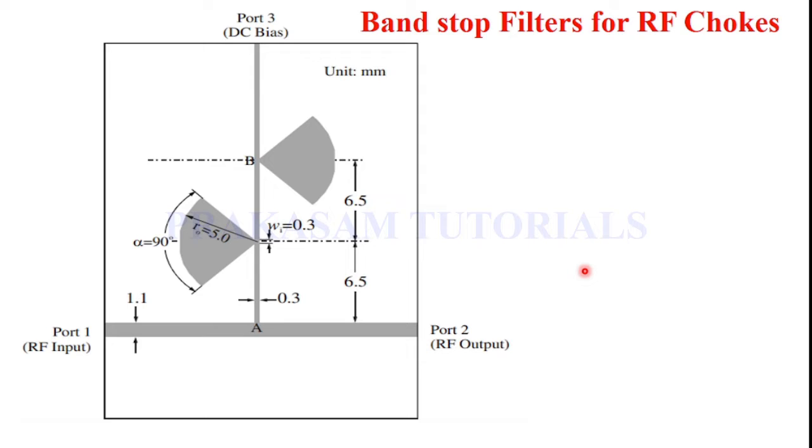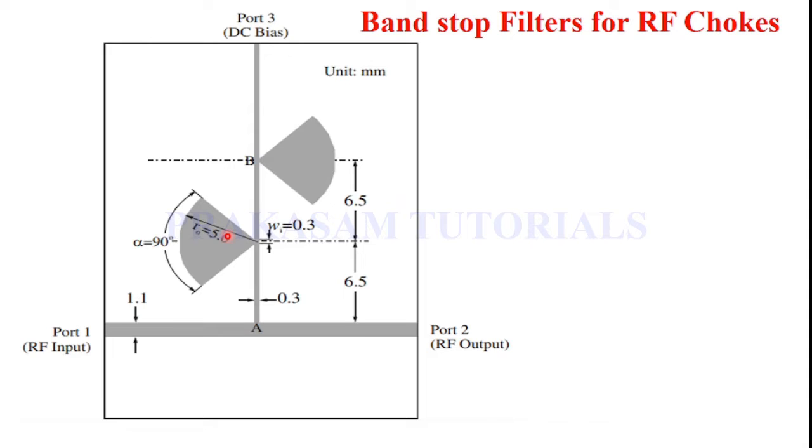And this is the layout of the microstrip bias T incorporating a bandstop filter for RF choke, and the design parameters of the bandstop filter with radial bias stubs. This is the radius R0, and now the radius is 5 mm.